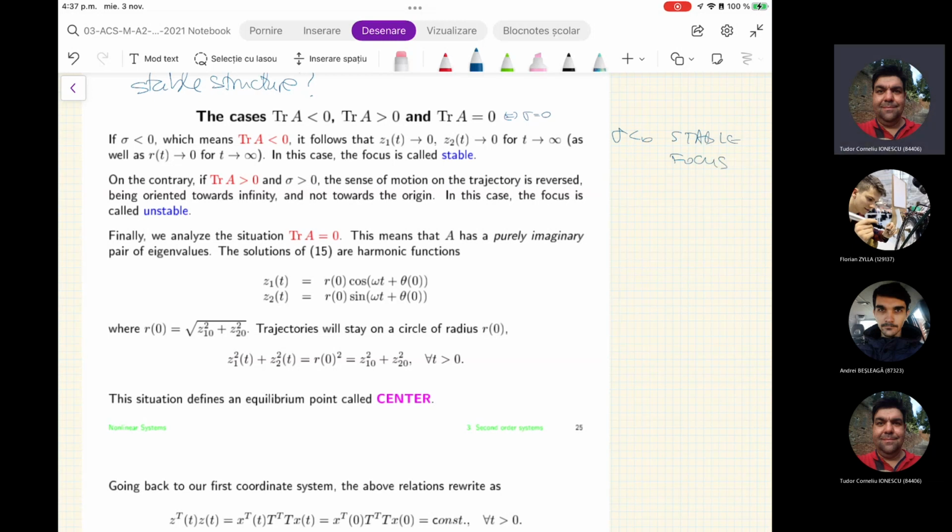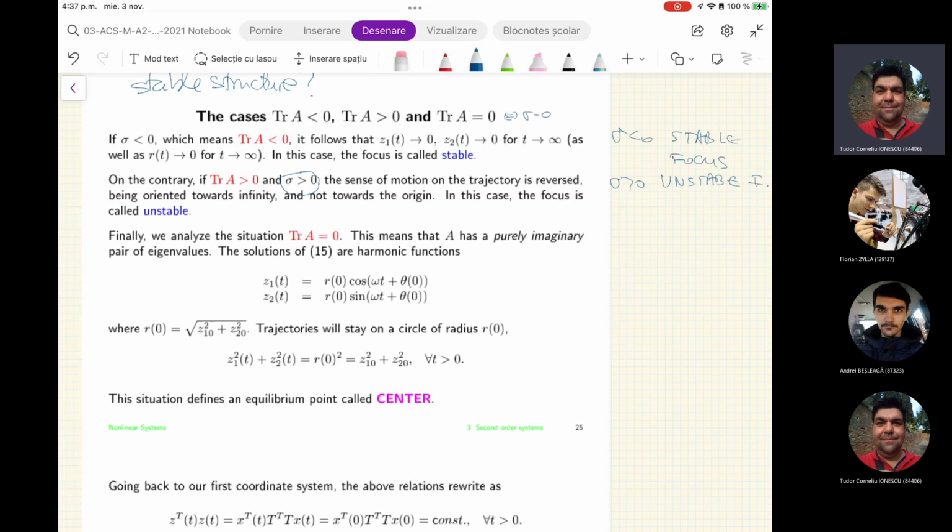On the contrary, if sigma is positive, the sense of motion is reversed. So both now go to infinity as time goes to infinity. Hence, sigma positive is an unstable focus. In this case, the focus is unstable. So the focus is stable, the focus is unstable.